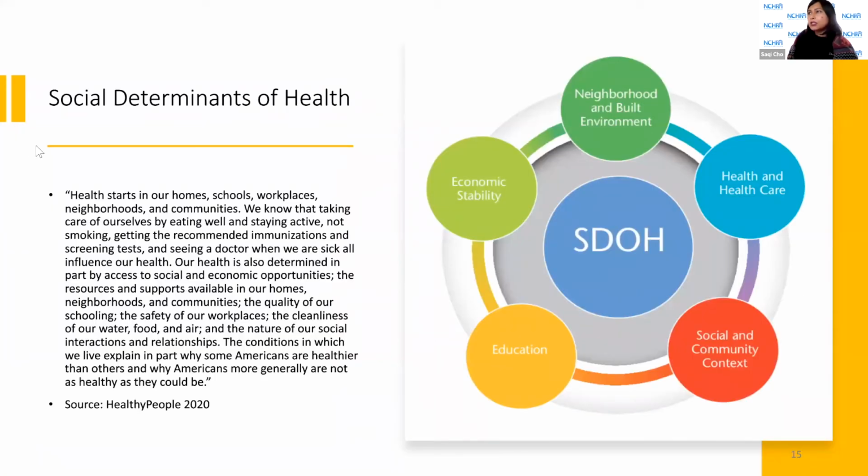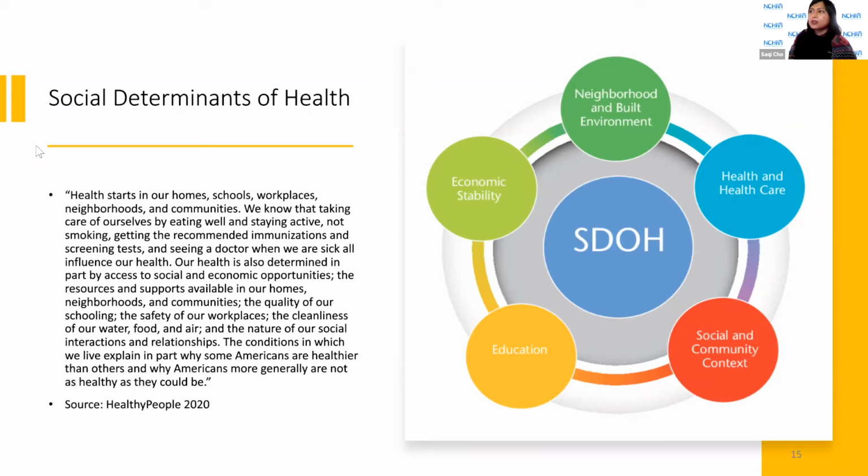For SDOH, we're using the Healthy People 2020 definition. Health starts in our homes, schools, workplaces, neighborhoods, and communities. We know that taking care of ourselves by eating well and staying active, not smoking, getting the recommended immunizations and screening tests, and seeing a doctor when we're sick all influence our health.